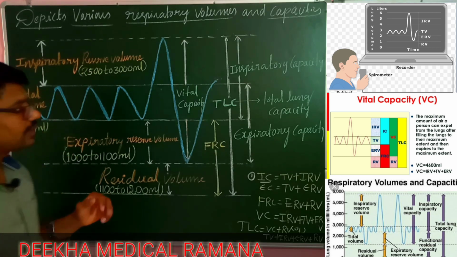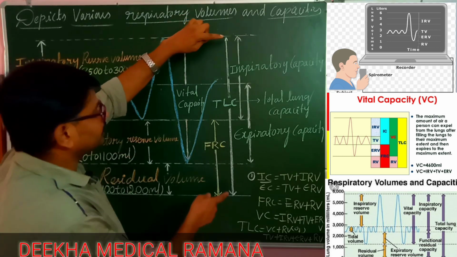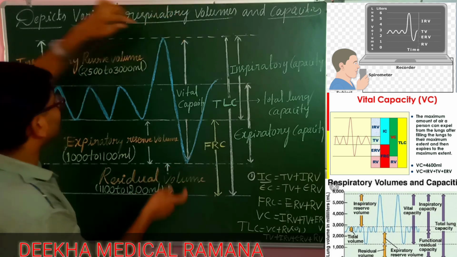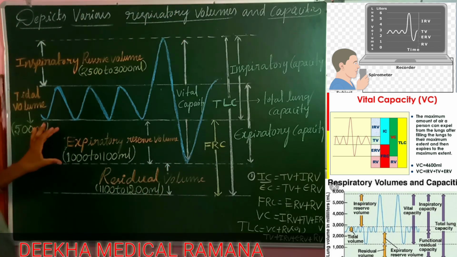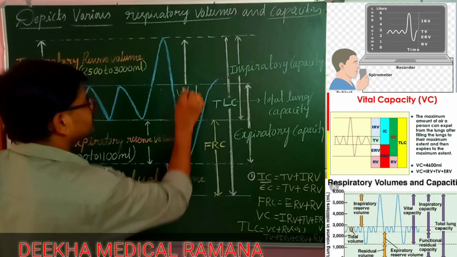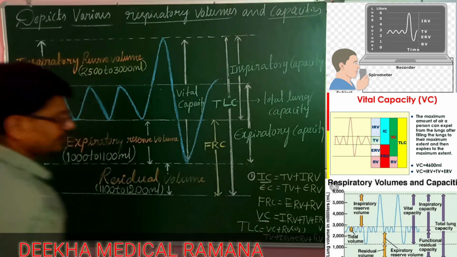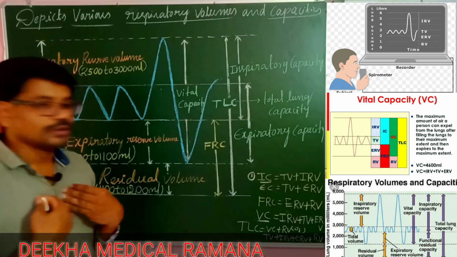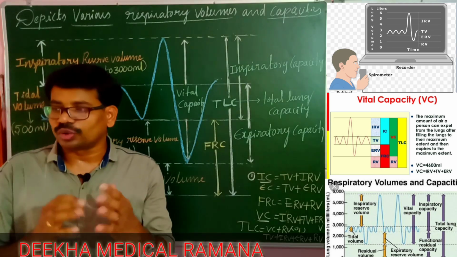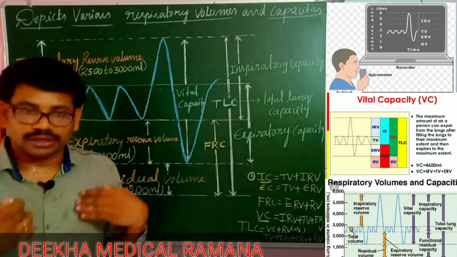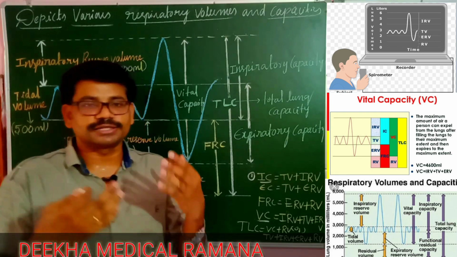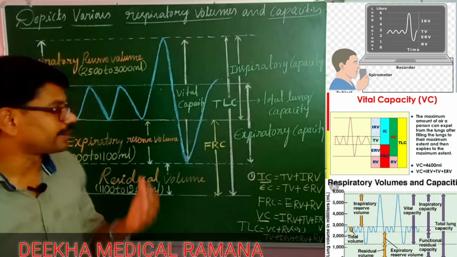Next, vital capacity. Vital capacity is obtained by the addition of inspiratory reserve volume, tidal volume and expiratory reserve volume. By the combination of these three, we get the vital capacity. What is meant by total lung capacity? Total lung capacity is the volume of air present in the lungs as well as in the respiratory tract after maximum inspiration.